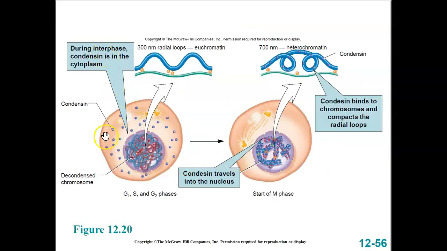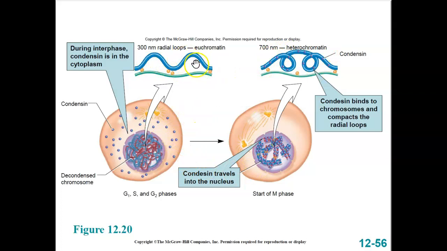So during interphase, so here's condensin, it starts out actually in the cytoplasm. So during interphase, during G1, S, and G2, there's a signal that causes condensin to go into the nuclear space. The theory behind that is that if condensin gets in there just kind of randomly, the chromosomes will start condensing. So you have to keep them separated, right?